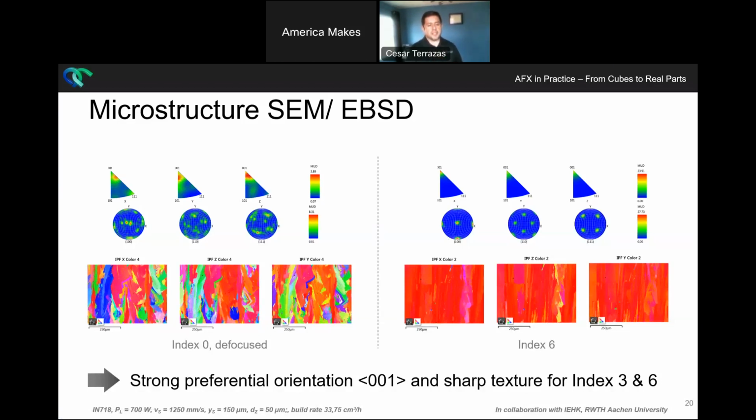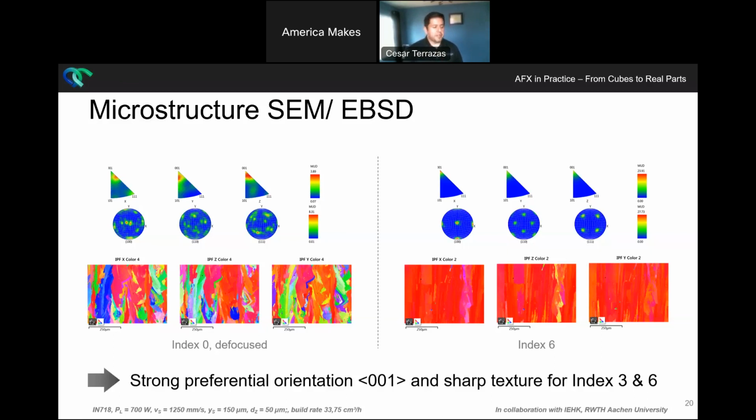And then versus index 6, where you see almost a single color, meaning a lot of the grains are just growing in a particular direction, approximating perhaps single crystal growth. So a lot of epitaxy happening, which leads to that characteristic texture that you see in these maps.